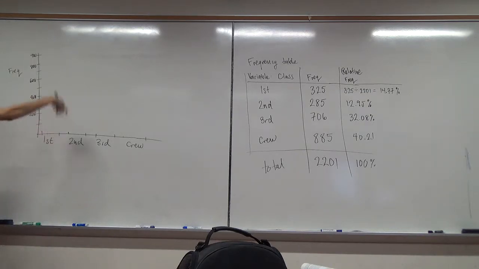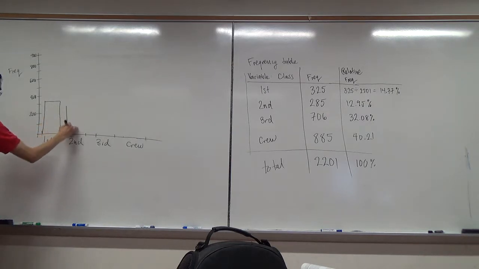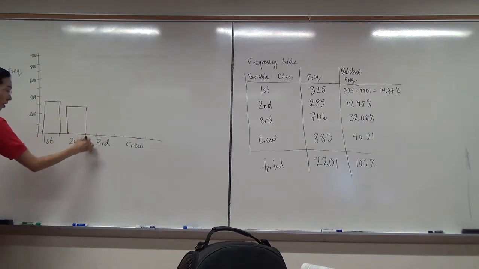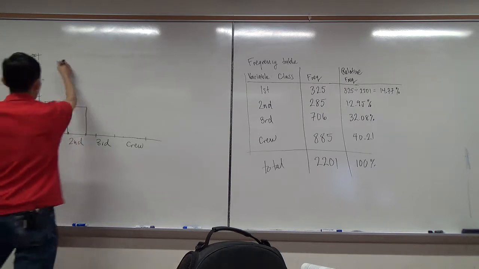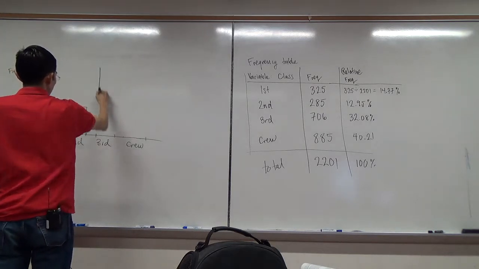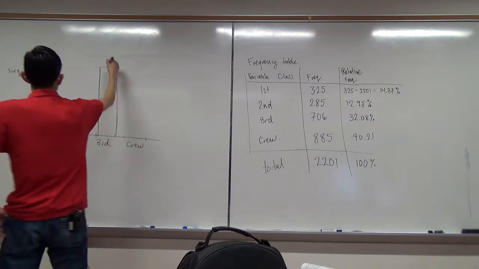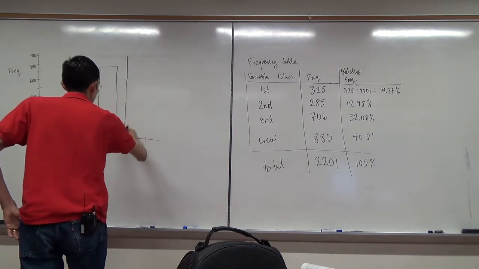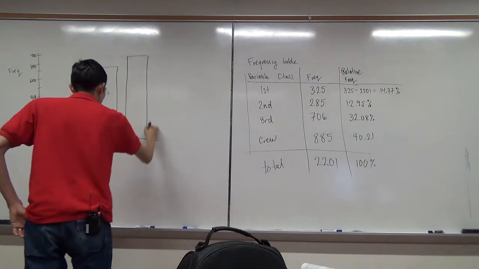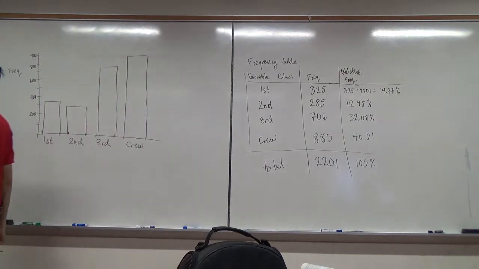And I would just make a column or bar as tall as is appropriate. So 325 in first class, 285 in second class, 706 in third, and 885 crew members. And this would be my bar chart. Okay.